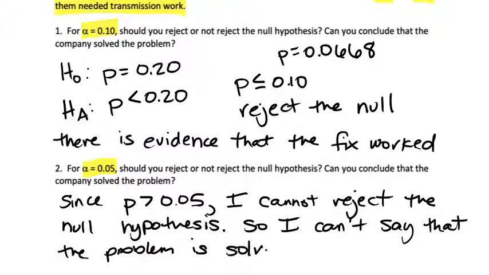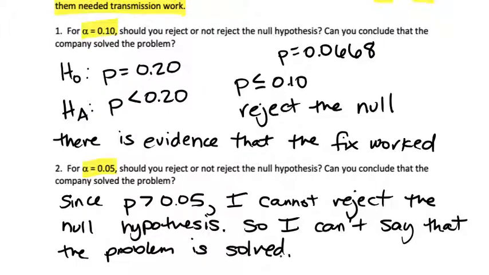So you can think of alpha levels as the smaller the alpha, the more strict you're being about the amount of evidence that I need. Because nothing in problems 1 and 2 changed except for the alpha level. But if I decrease the alpha level, then my p-value needs to be smaller in order to be able to reject the null hypothesis.